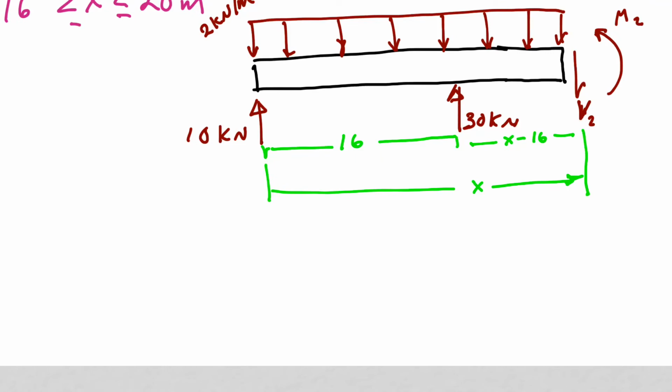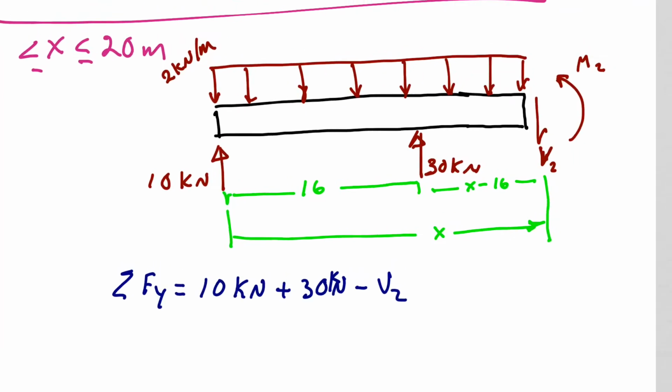If we do that, we have the sum of the forces in the y direction equals our 10 kilonewtons plus 30 kilonewtons minus V2. And then this distributed load again is this force. And that force is the area under this curve, which is 2 kilonewtons per meter times x.